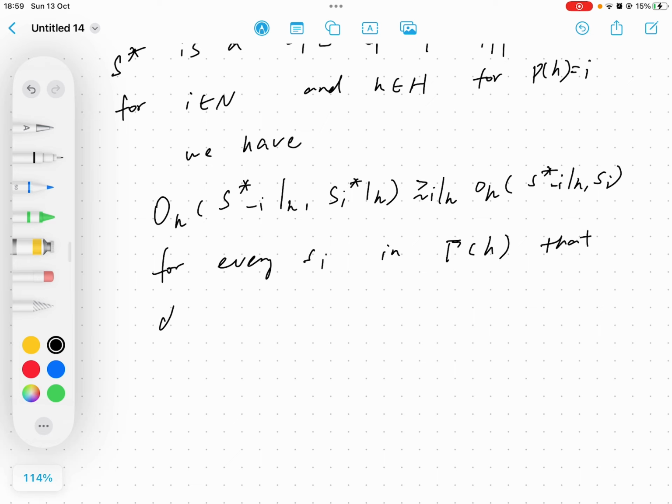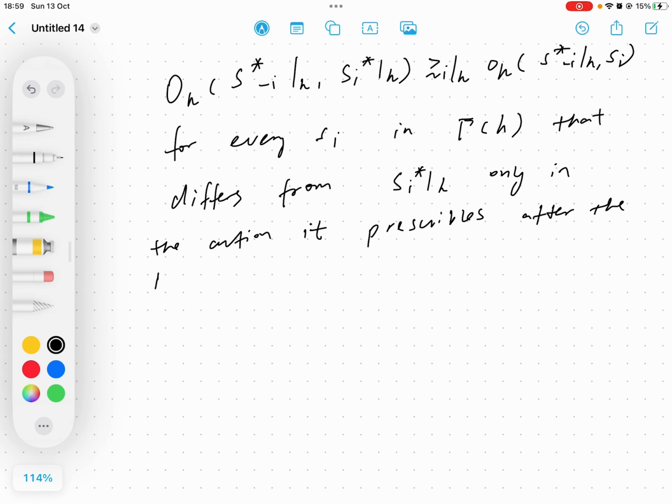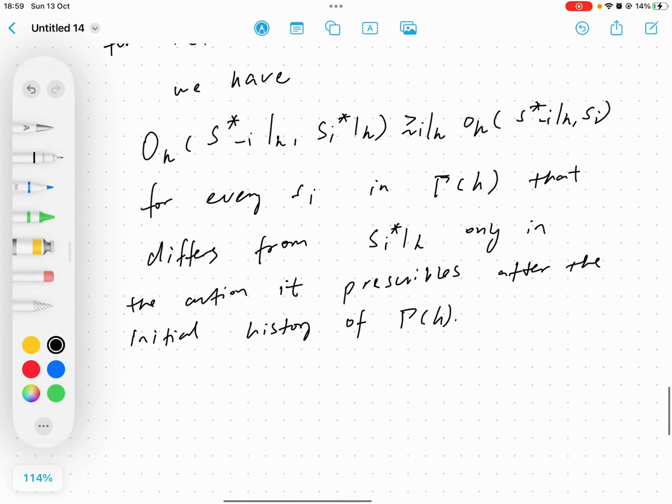That differs from S star following some H only in the action it prescribes after the initial history of this gamma H. Okay, so now let's have a closer look at this lemma.